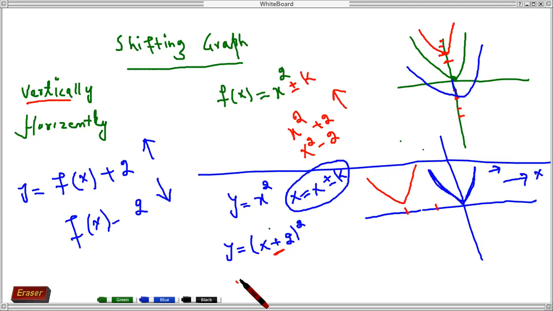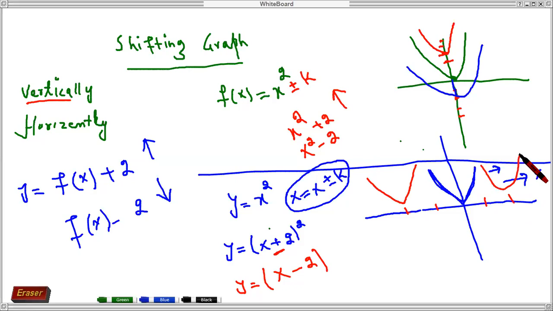If you replace x with x minus 2, so for x minus 2, you are shifting the graph on the positive x axis 2 units. The graph will be like here.